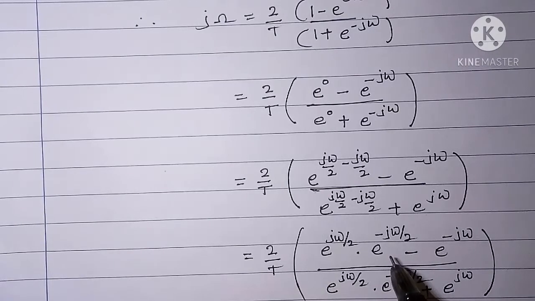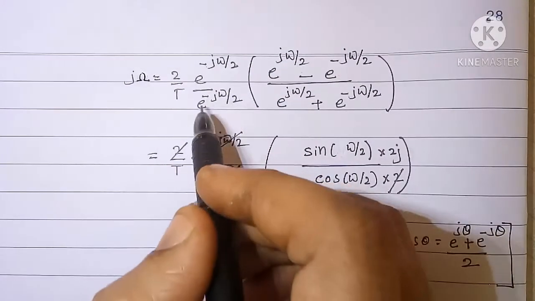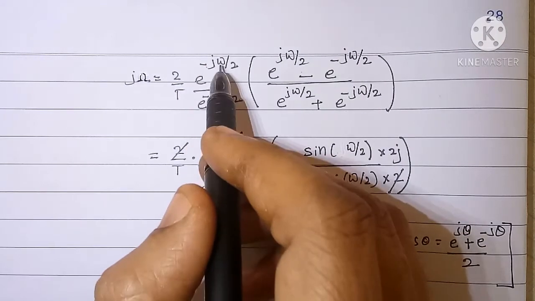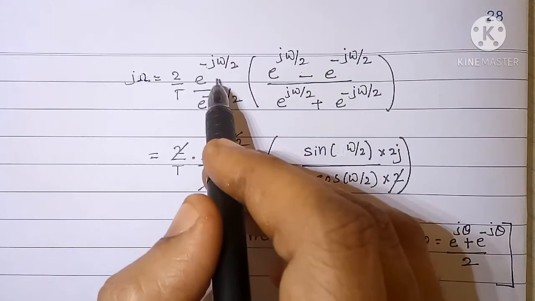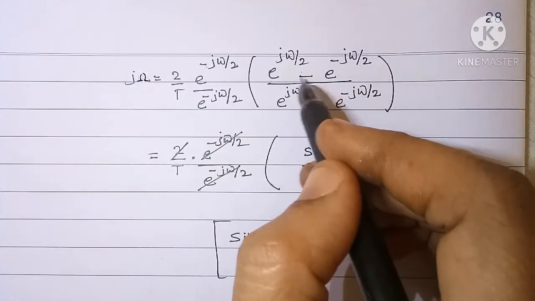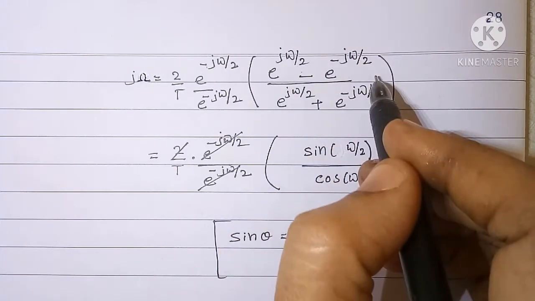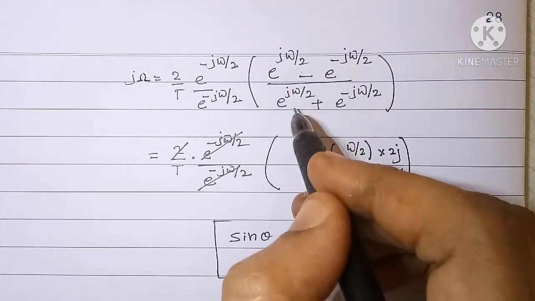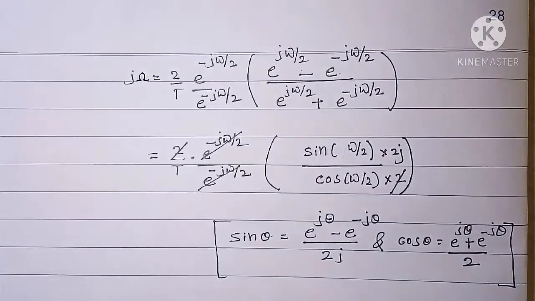Now we can take common outside e raised to minus j omega by 2. Taking common outside from both numerator and denominator, we get inside the bracket e raised to j omega by 2 minus e raised to minus j omega by 2, and in the denominator we get e raised to j omega by 2 plus e raised to minus j omega by 2.